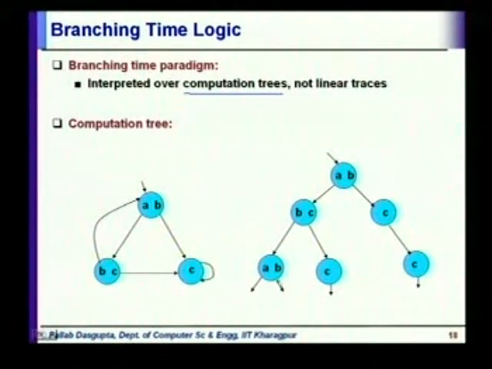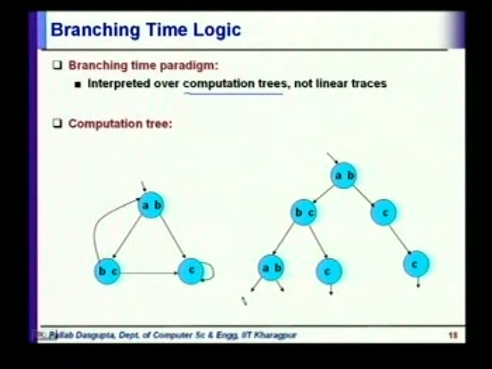So AB and C. Okay. On the other hand, if I had gone from AB to this state C, then from there I have no other choice, so it's just this. So this is an unfolding of this graph into an infinite tree. All right, that tree is called the computation tree.